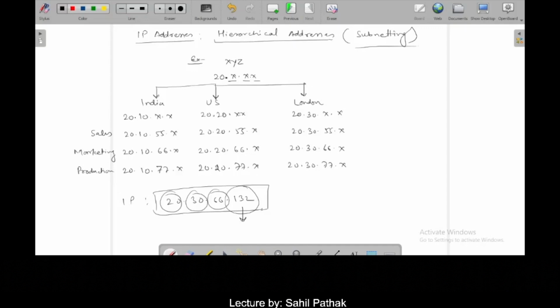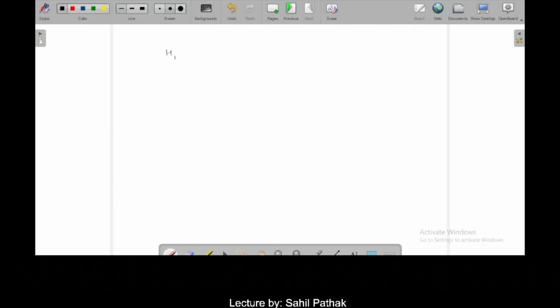Now we have seen the host and the IP addresses. What I want to clarify is that if any host wants to communicate with different hosts, then we need a network.